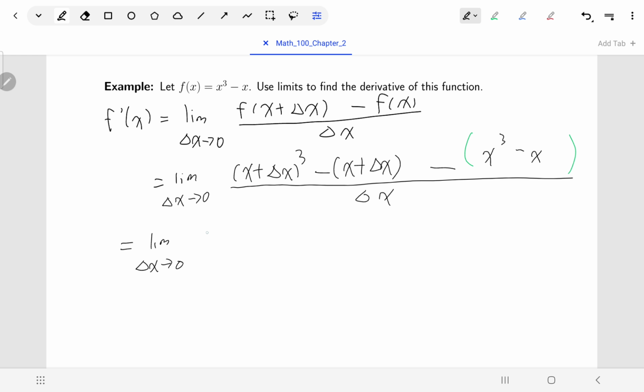And if you were to do that multiplication and clean things up and then simplify, you would eventually get to x cubed, 3x squared times delta x, 3x times delta x squared, and also a delta x cubed. And all of that would be coming from the expanding of x plus delta x cubed.